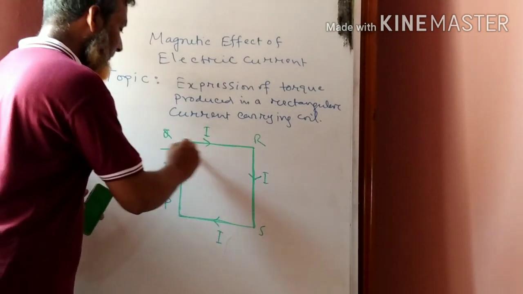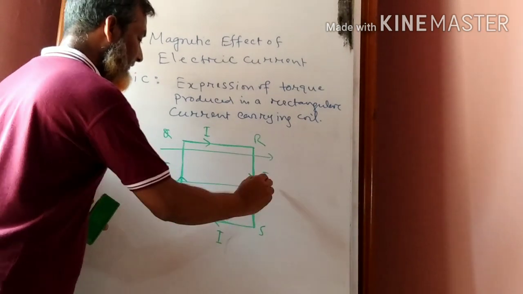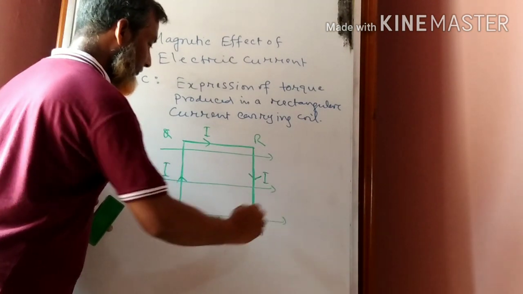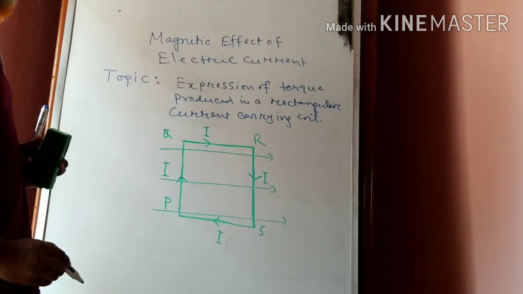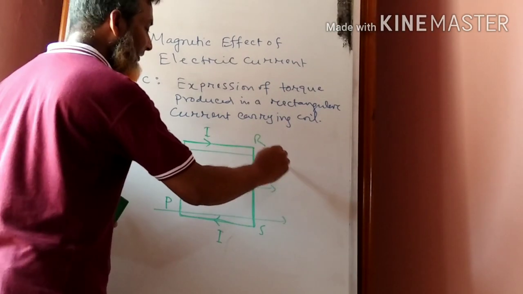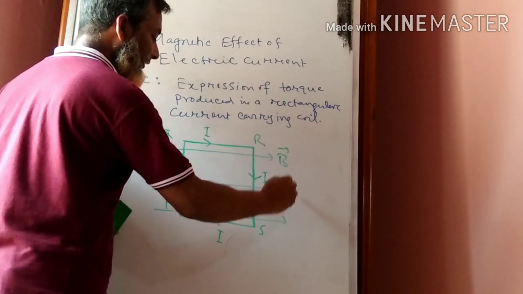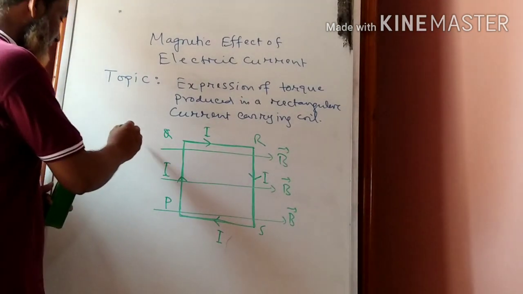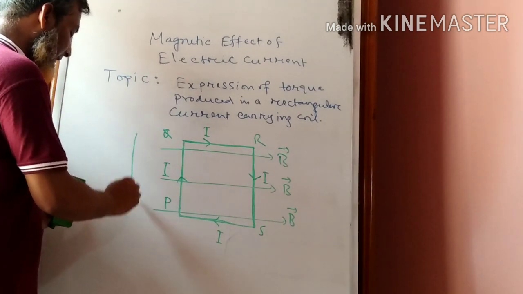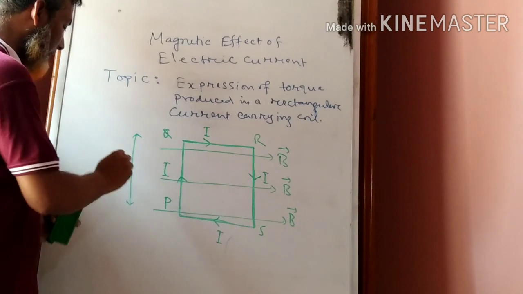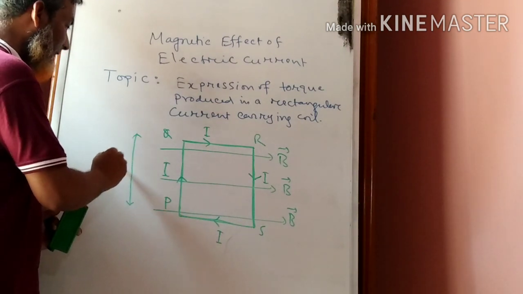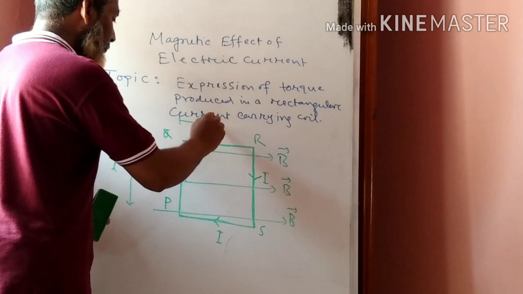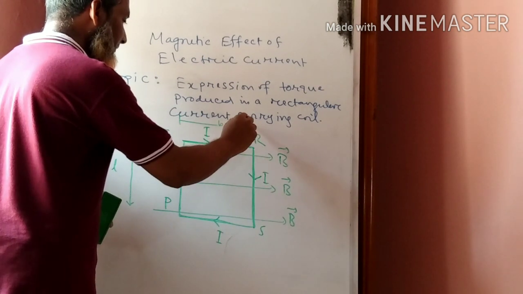And the magnetic field passing through the coil in this direction. So it is placed in a uniform magnetic field B. Okay, and let us consider the length of the rectangular coil is L and its width is b.